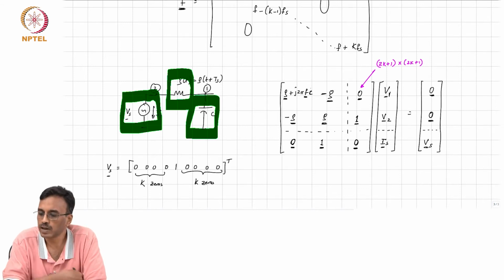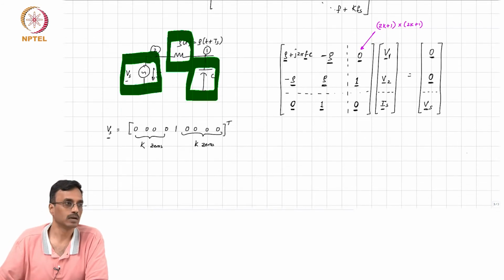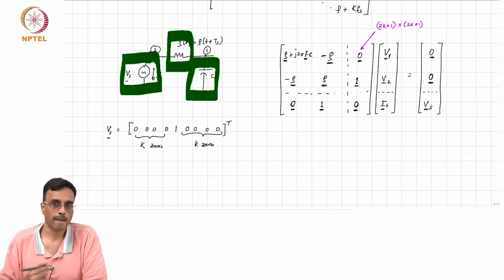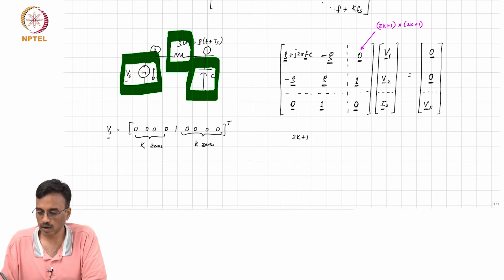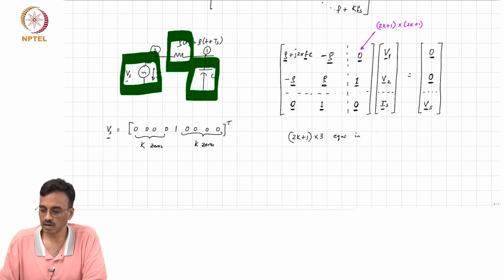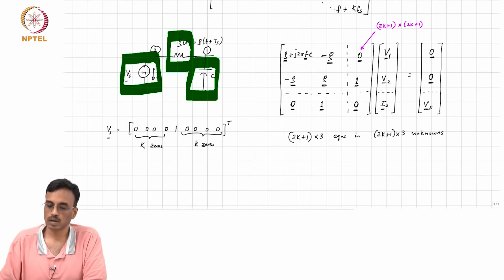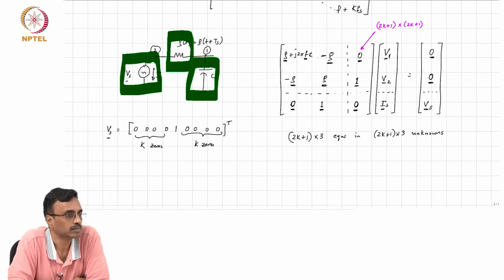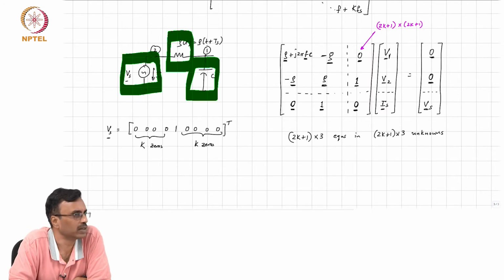Right? So, how many unknowns are there now and how many equations are there? Two k plus 1 times 3 equations in as many unknowns. Right? And therefore, what do you do? Well, you invert the matrix, correct?